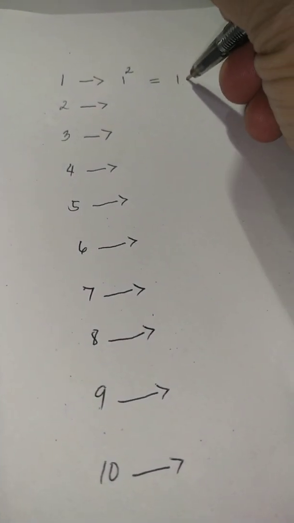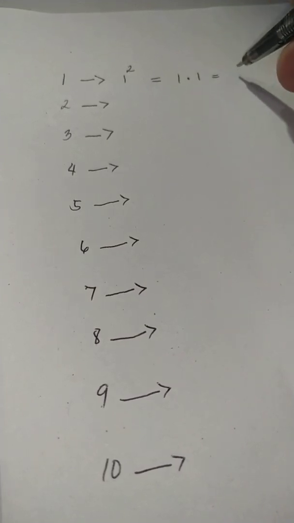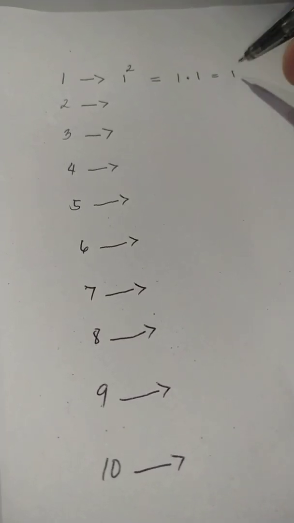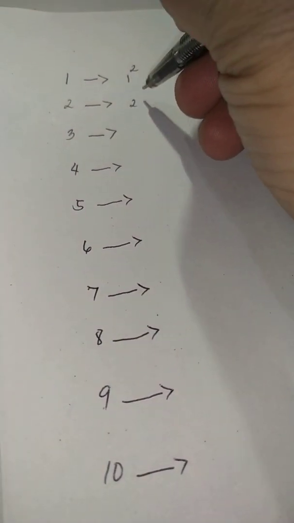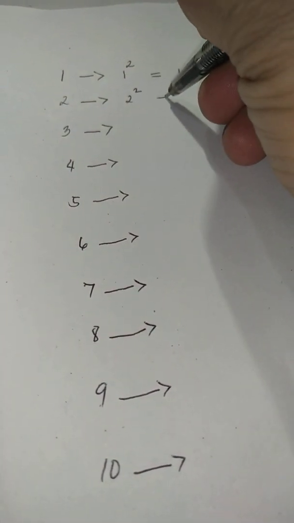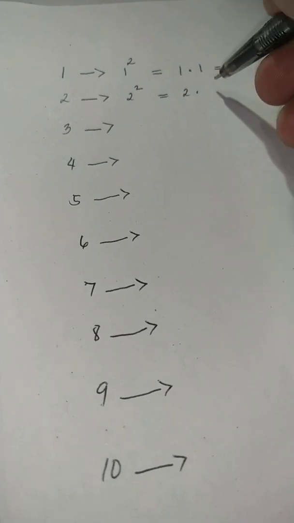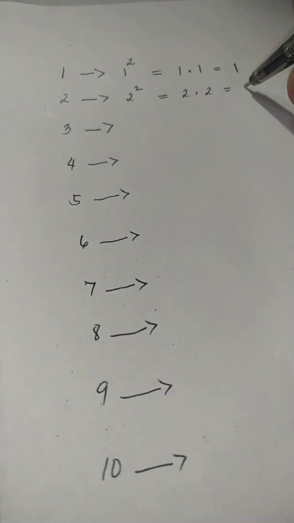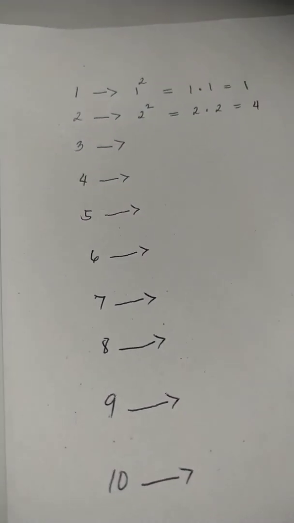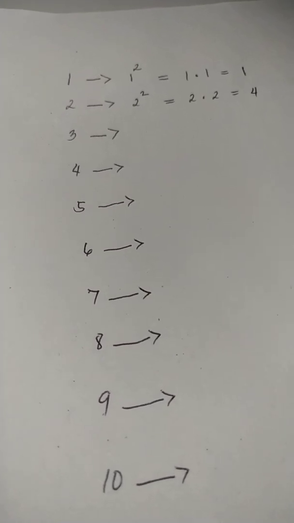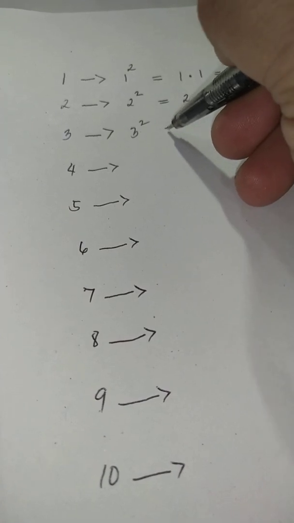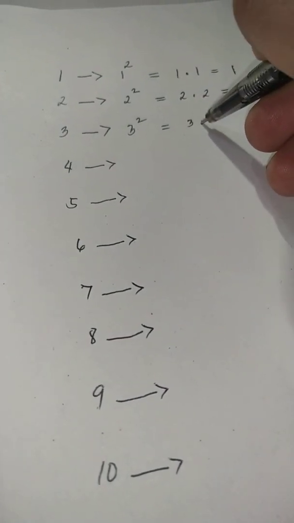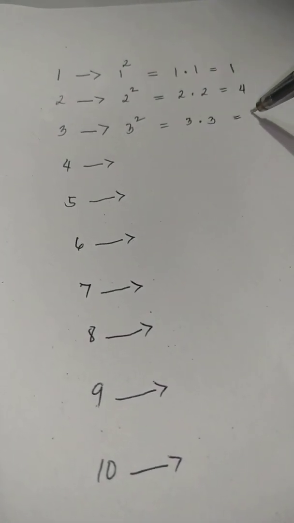That means 1 times 1 equals 1. If we have 2 raised to the power of 2, that means 2 times 2 equals 4. How about 3? 3 raised to the power of 2 is equal to 3 times 3 equals 9.